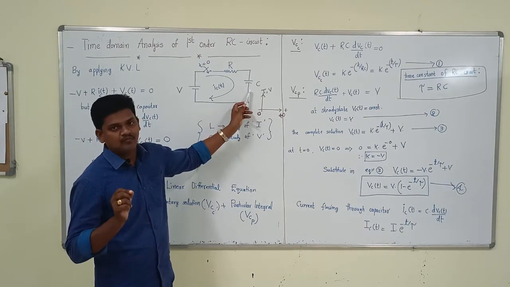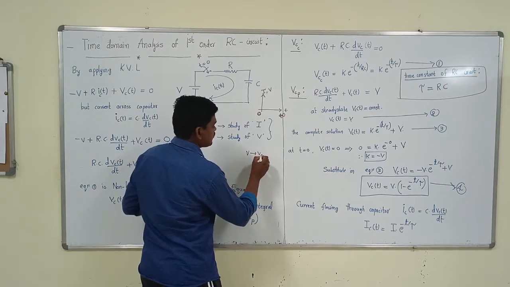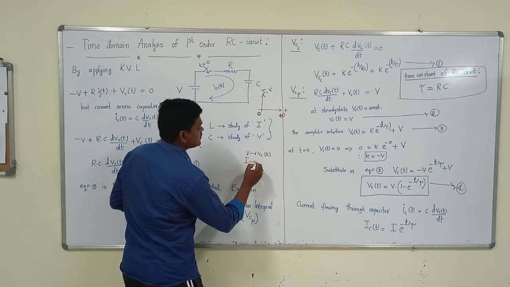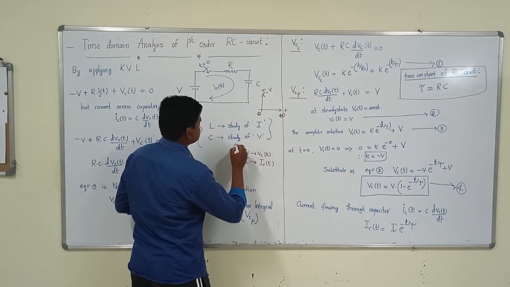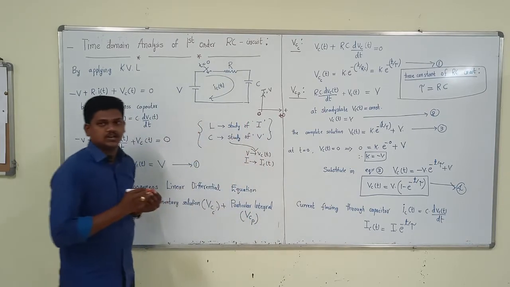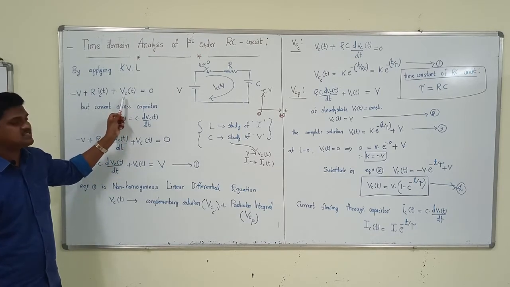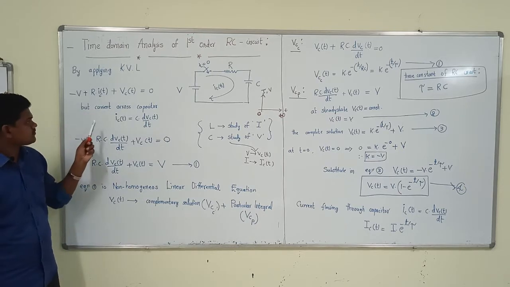That's why whenever the voltage is there, I mention Vc of t, because we are analyzing time domain. Whenever the current is there, ic of t, because we are using the capacitor here. Don't confuse: Vc of t means voltage across the capacitor, ic of t means current through the capacitor.